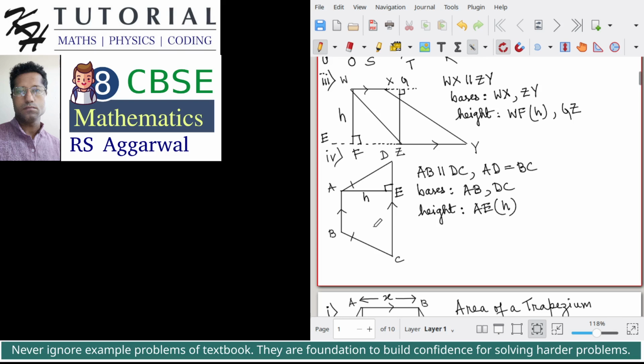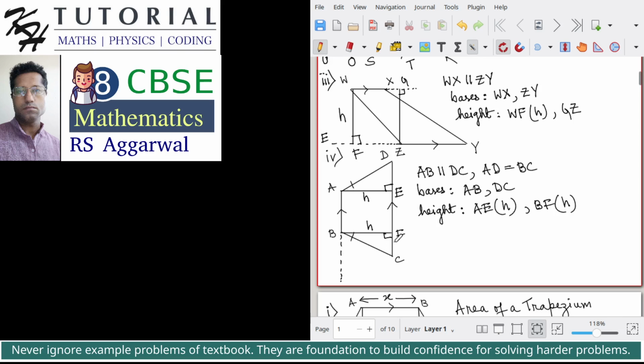Also, I can drop a height perpendicular from the point B on the side DC. This will also be the height of the trapezium, that is BF. I can also draw a perpendicular from the point C on the side AB. So let me extend the side AB.